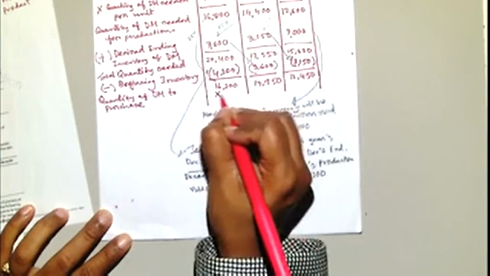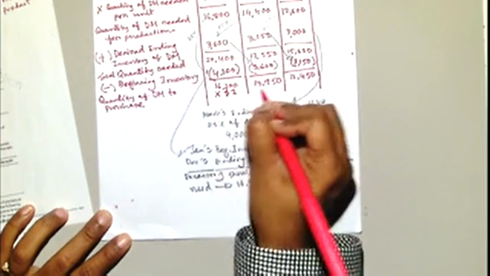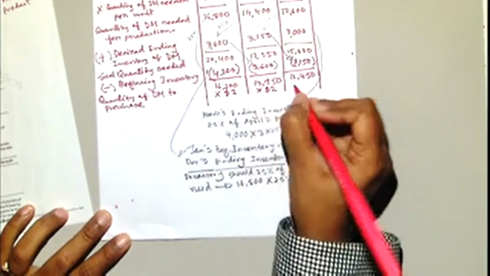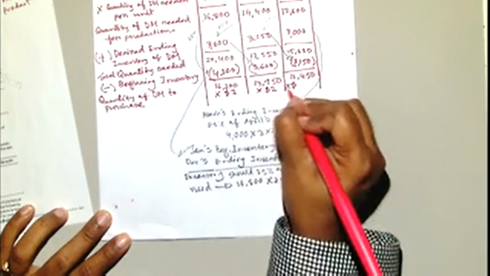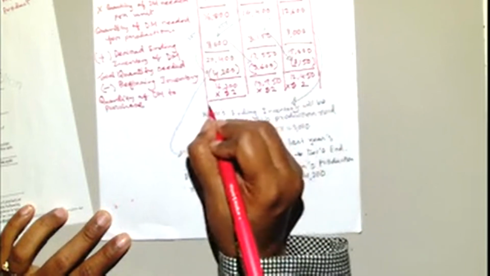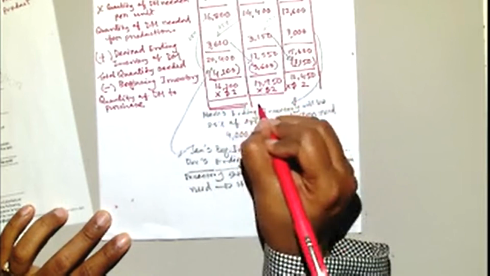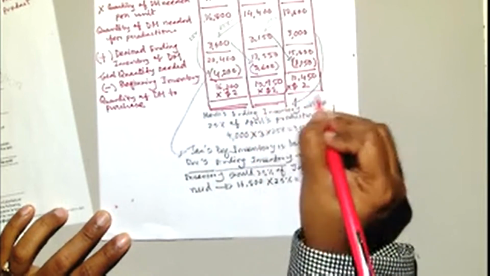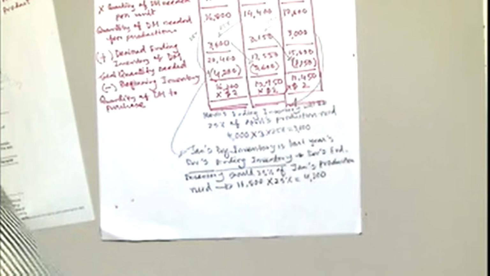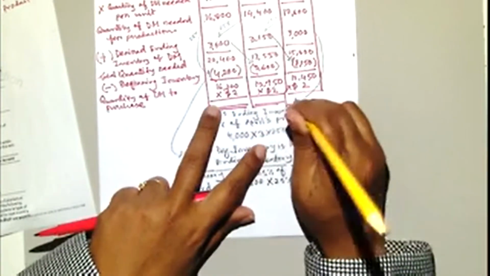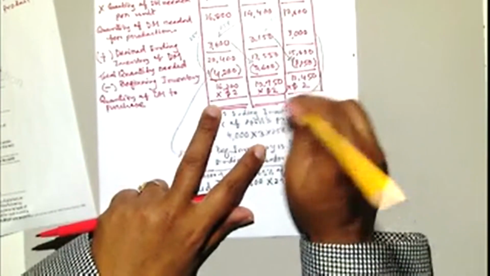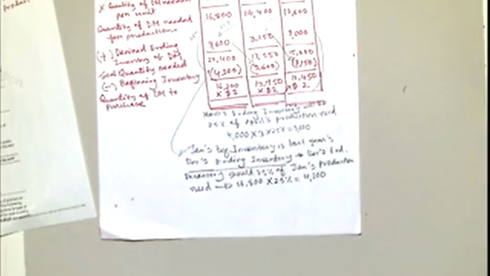We're going to multiply every number by $2. Up to this, everything was in units. Now, for every computer chip, you need to spend $2. That's what we need to know. What will be your cost? So, multiply every quantity that you're going to purchase by 2.